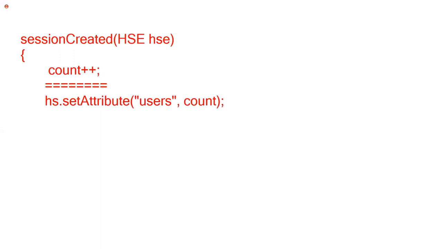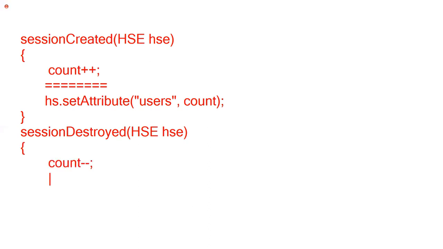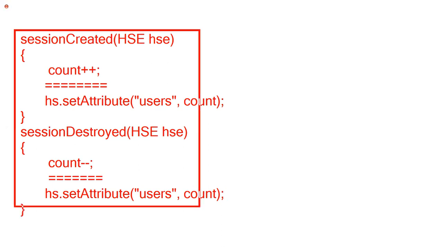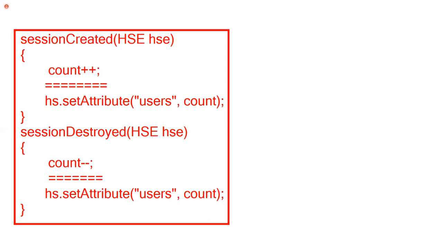Here session destroyed. HTTP session event HSC. Here count minus minus. Here we have some other code to get the session. HS dot set attribute, we have to modify the value, users count. No, it is the listener. Okay, it is my listener.java.